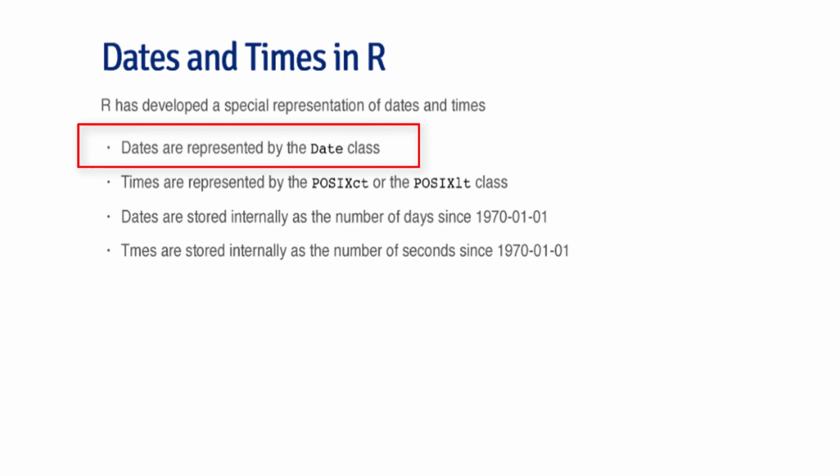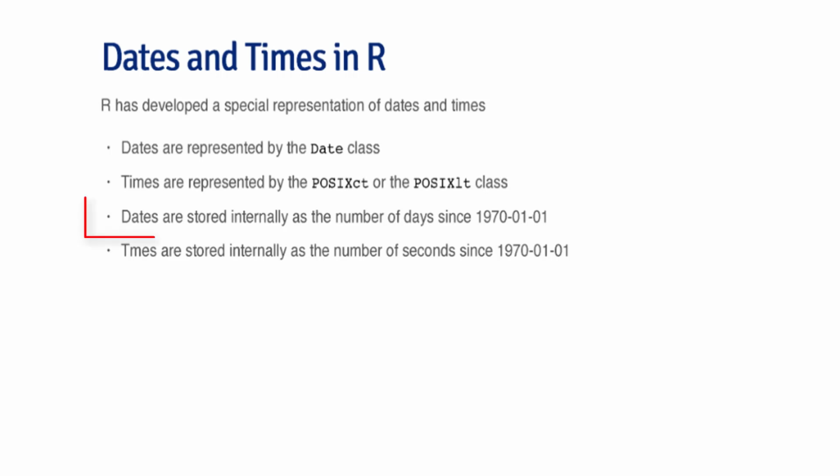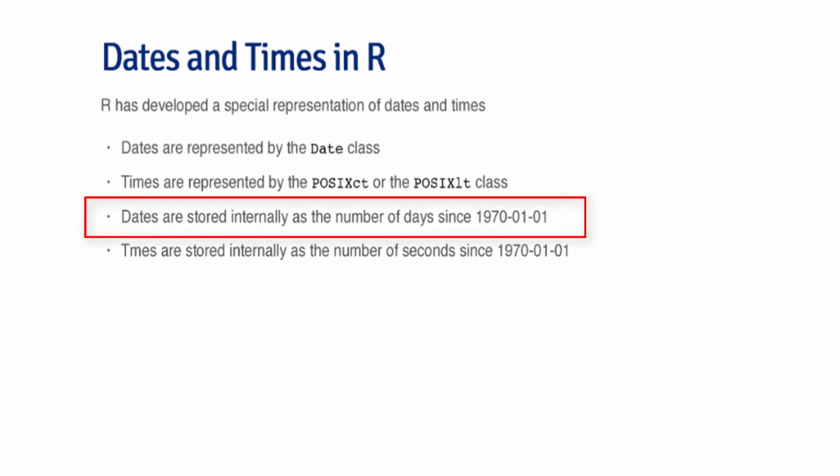Dates are represented by the Date class and times are represented by two separate classes, the POSIXct and the POSIXlt class. Dates basically don't have times attached to them. They represent a day, a month and a year, and you can configure them in a year, month, day format. For example, this date is 1970 January 1st.